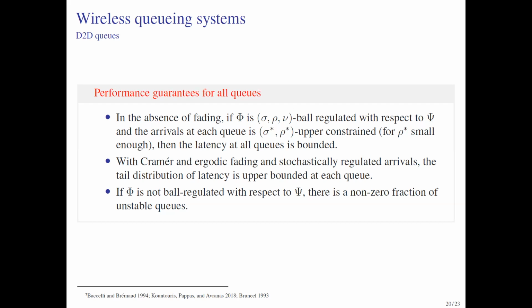If we consider Nakagami and ergodic fading and stochastically bounded arrivals, then the tail distribution of latency at all queues is bounded. It is well known that if the point process is not well regulated, for instance in the case of a Poisson point process, then there is always a non-zero fraction of unstable queues in the network.